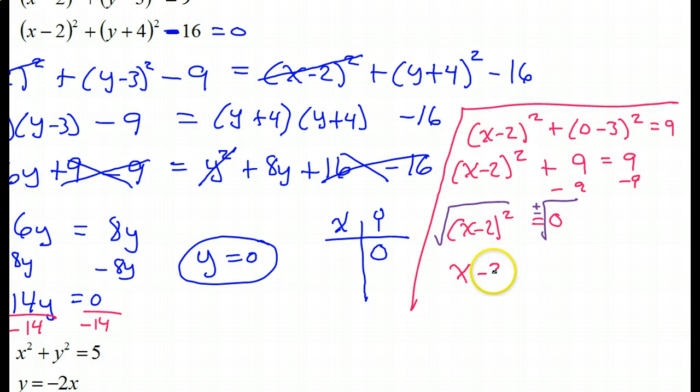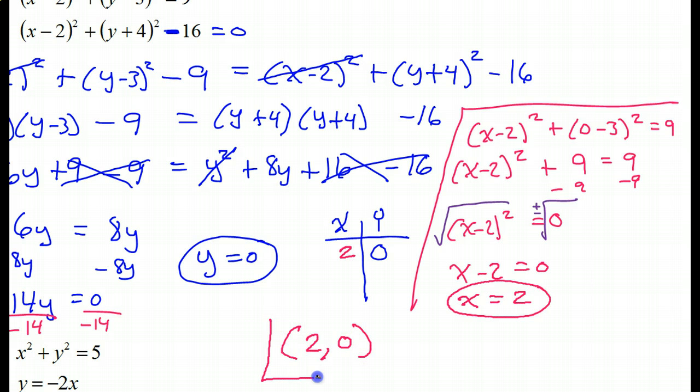So that'll just give me x minus 2 equals 0. Adding 2 to both sides, that gives me x equals 2. So that means my one and only intersection point is the point 2, 0.